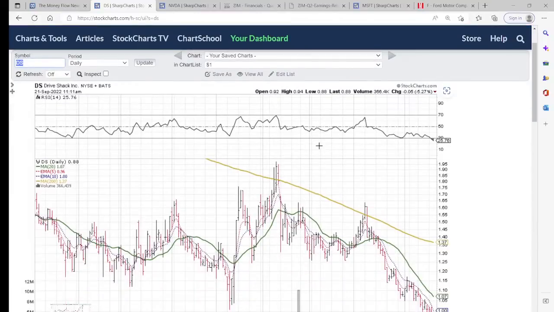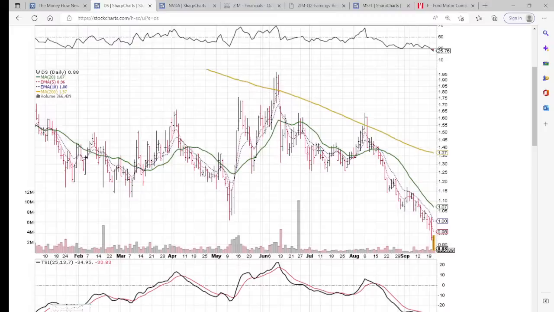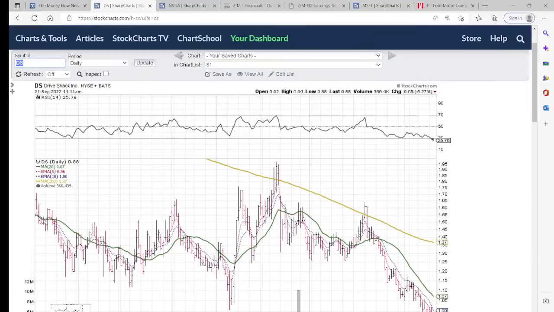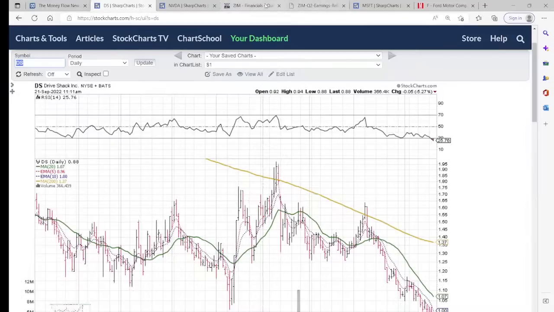I haven't really read any news on it recently. There's got to be something out there for it to be going this bad. I haven't added in a while. I mean, that's trading at like bankruptcy prices. A lot of stocks have been hit though, like this. More than DS, but penny stocks get it worse. We'll see. We should research that. I'm going to call in my crack research team.